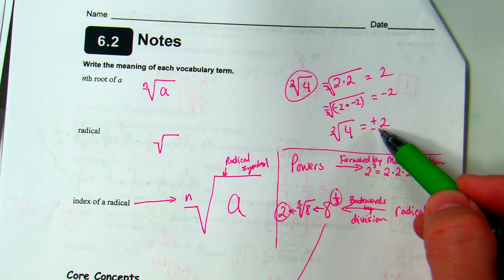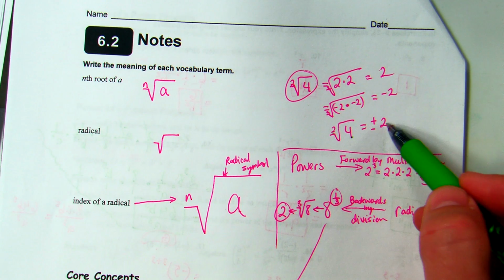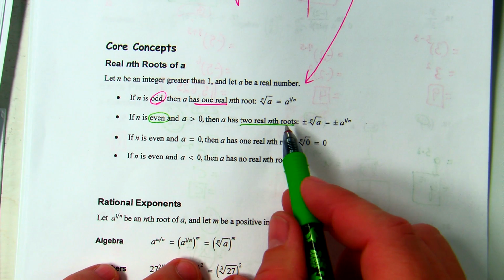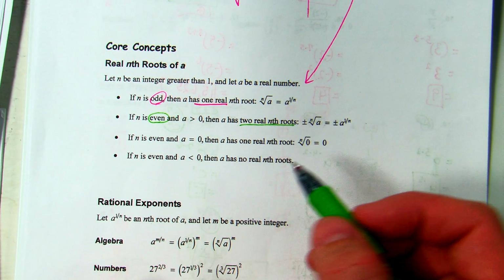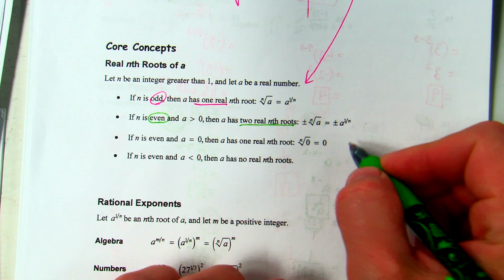There are 2 possible values because a positive would get you to the positive, and 2 negatives would also get you to that positive. So there's 2 different roots, a positive 2 or a negative 2. There are 2 real nth roots when n is even and a is greater than 0. So we have plus or minus a to the 1 over n.